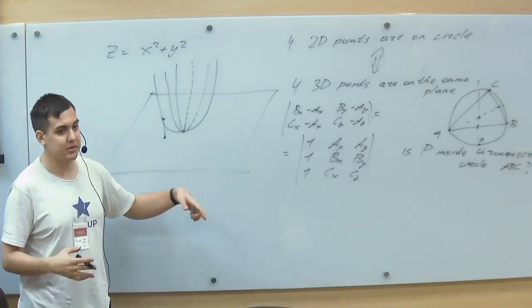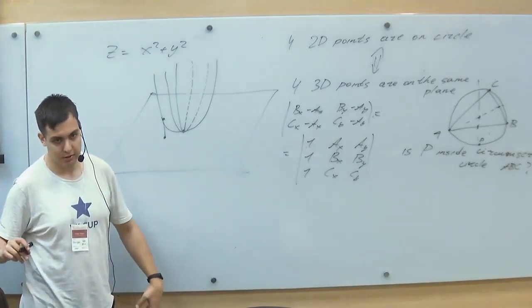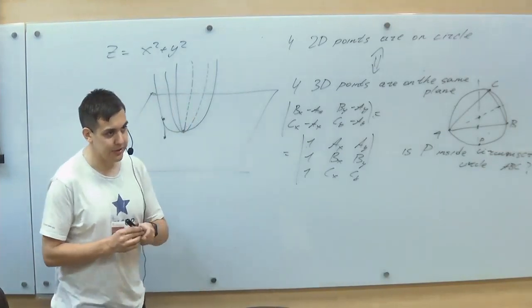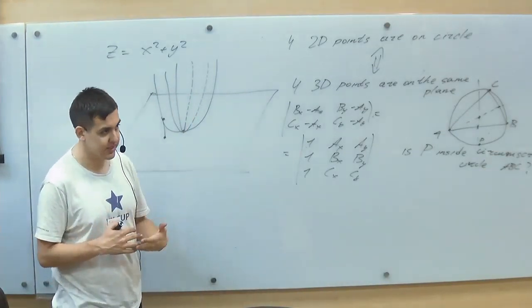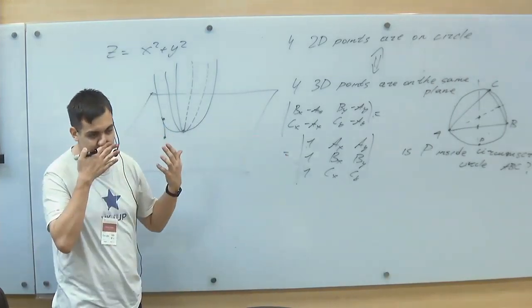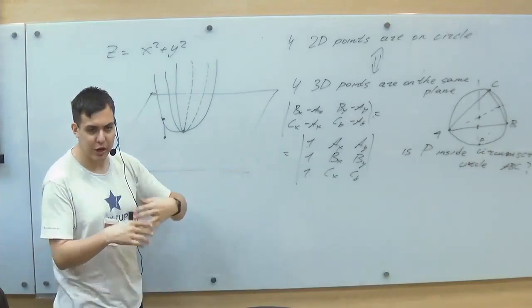This is easily generalized to 3D, right? We have 4 points, and the notion of signed tetrahedron volumes in 3D is the same as the notion of signed triangles in 2D.